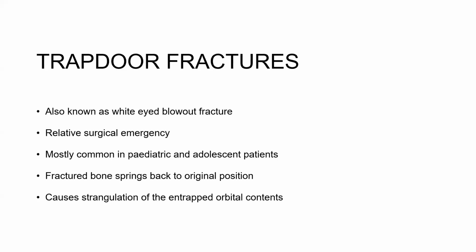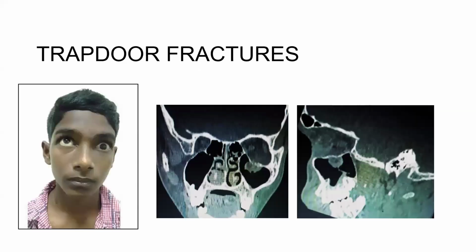This basically means there is a strangulation of the orbital contents, which can include muscle, septum, vessel, anything of such kind which has gone inside. So this is a very important feature because it is an emergency. It can lead to the oculocardiac reflex as well. So this is one example of a trapdoor fracture that I have shown here. In detail, we'll see it later.